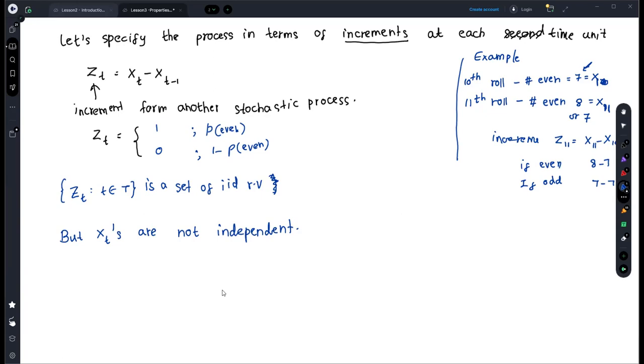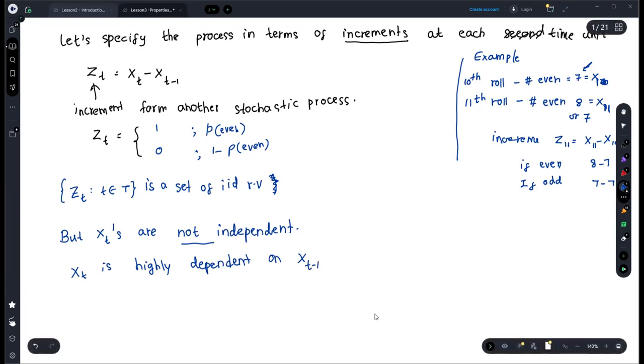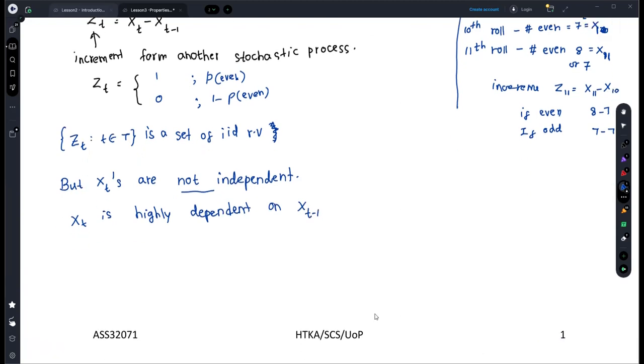So therefore, XTs are not independent at all. It's a cumulative count. So XT is highly dependent on XT-1, and XT-1 depends on XT-2, XT-3, and likewise, it goes all the way back.